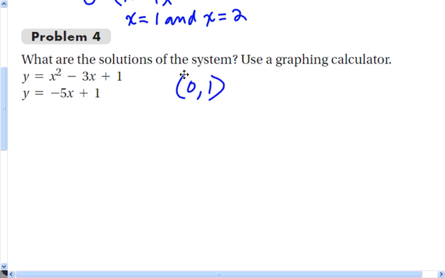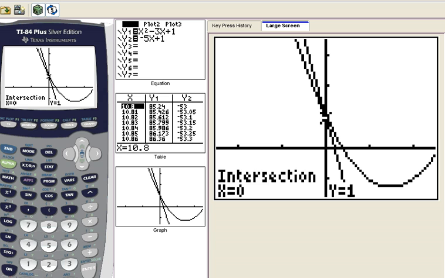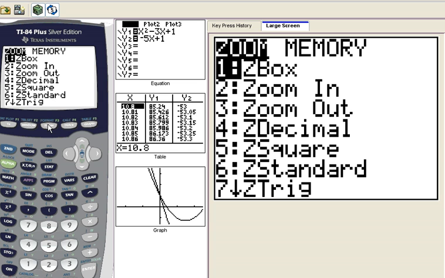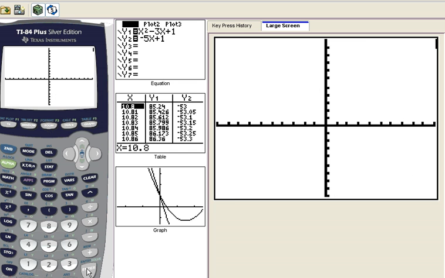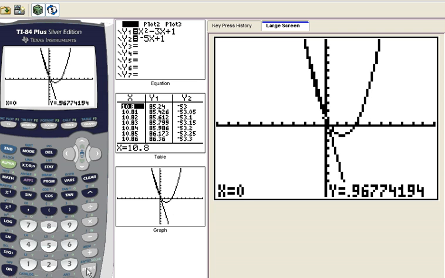And I think there's probably another solution also. We'll go back to the calculator and try and find that one. And it seems to me that it's higher up, so I'm going to zoom back out. Enter. And it looks like I'm going to trace.